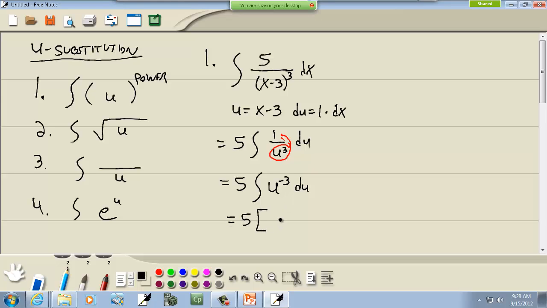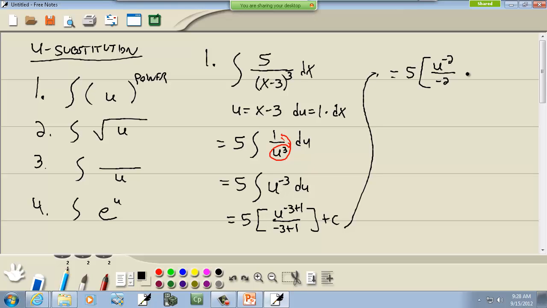Well, now we're going to add 1 to our power and divide by our new power. Plus c. Negative 3 plus 1 gives us negative 2. And negative 2 there. Now we, again, don't want any negative exponents, so I'm going to take the u to the negative 2 downstairs to the denominator.